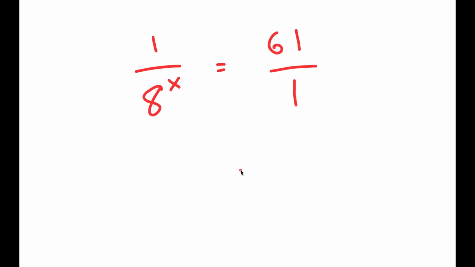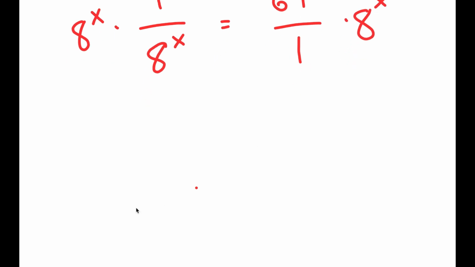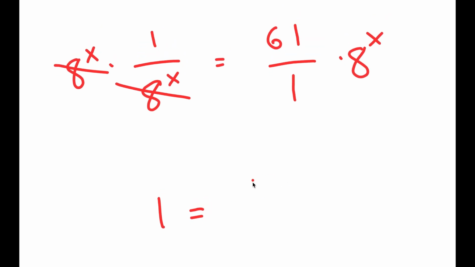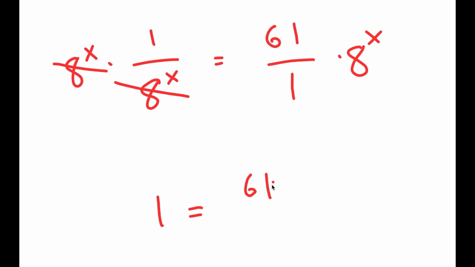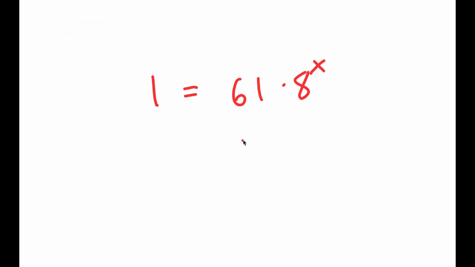What I'm going to do is first multiply both sides by 8 to the power of x. So then these two cancel out, and I get 1 is equal to 61 times 8 to the power of x over 1, which is just 61 times 8 to the power of x. And now I'm going to divide both sides by 61.